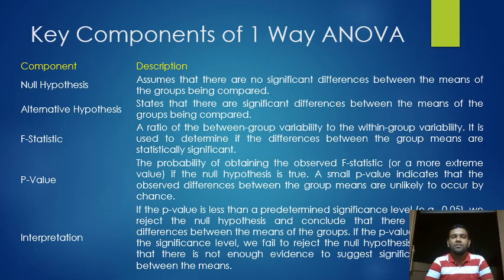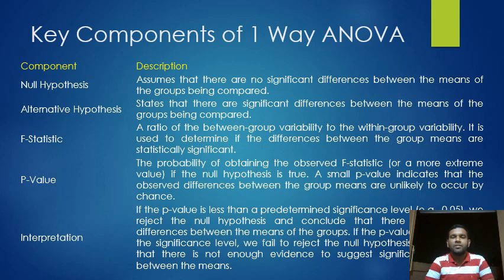Next, let us look at the interpretation, a brief description. If the p-value is less than a predetermined significance level, that is 0.05, we reject the null hypothesis and conclude that there are significant differences between the means of the groups.